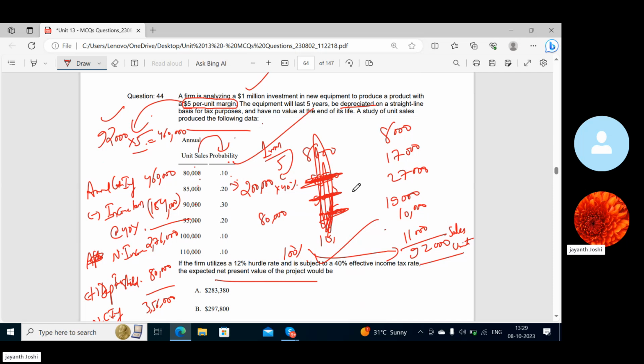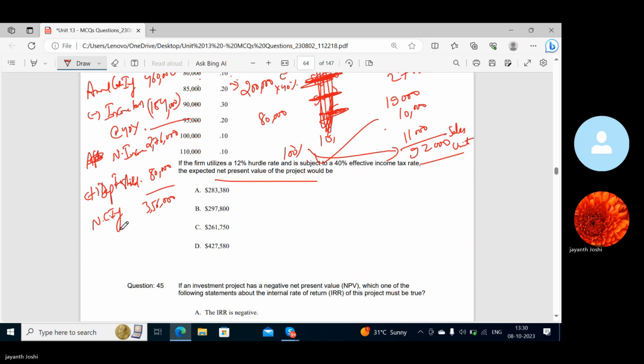Yes, sir, 5 years, 12%. How come then we are taking the sales of 6 years? But the question has given 5 years of life, right? That's what. So annuity PVF is 3.605.